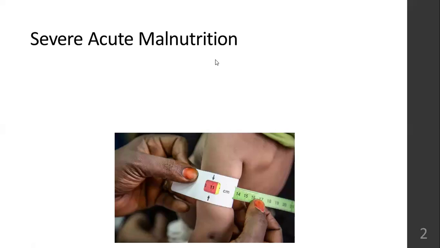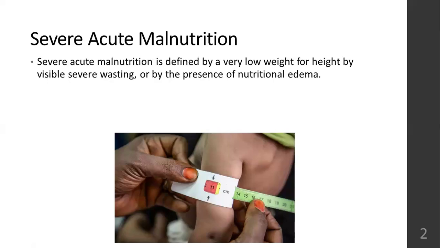Severe acute malnutrition is defined by very low weight for the height, by visible severe wasting, or by the presence of nutritional edema. Okay, we'll see the examples. Based on the age of the child, there would be severe wasting. That means the child would be so thin that you can see the child's entire skeletal system.